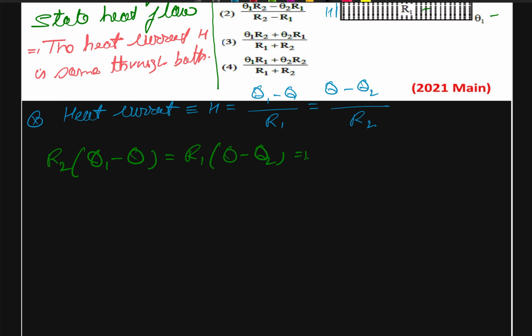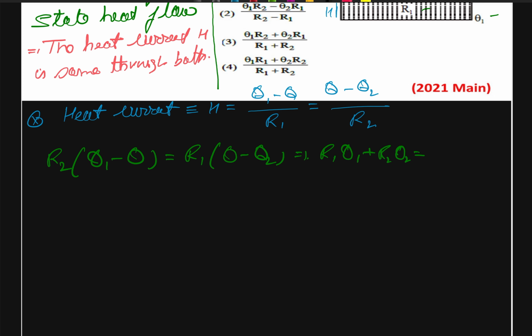R2 theta, or we can say R1 theta plus R2 theta, and that will be equal to R2 theta 1 plus R1 theta 2.